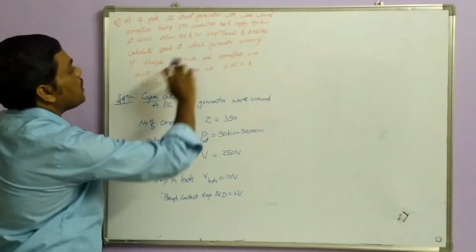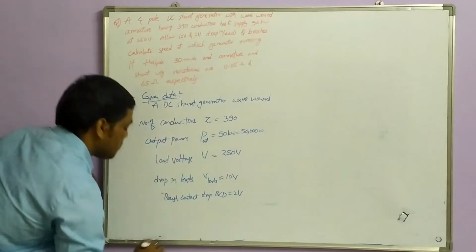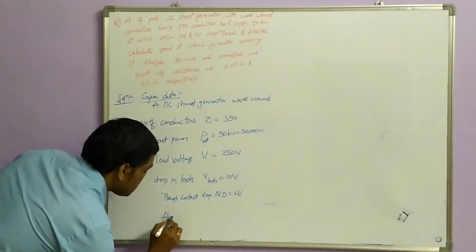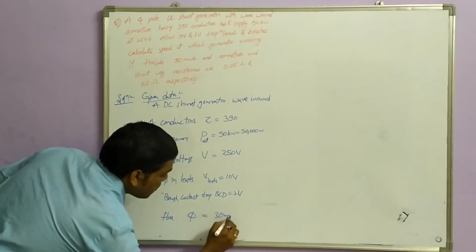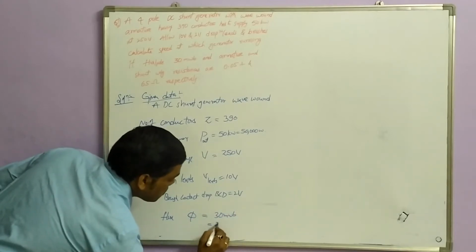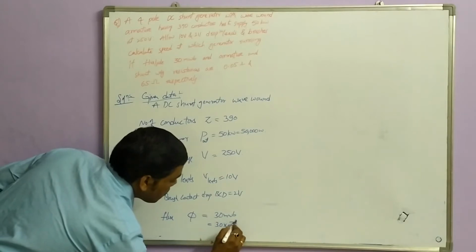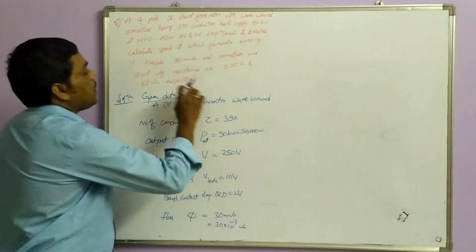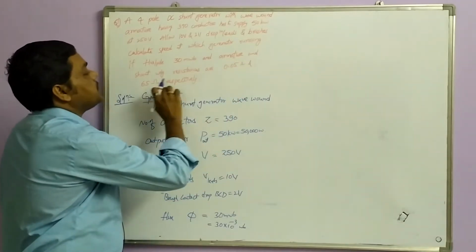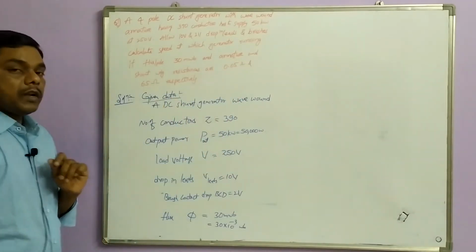And you have to calculate the speed if the flux per pole is given. So flux phi is equal to 30 milliwebers, nothing but 30 into 10 power minus 3 webers, and armature and shunt field resistances are given.